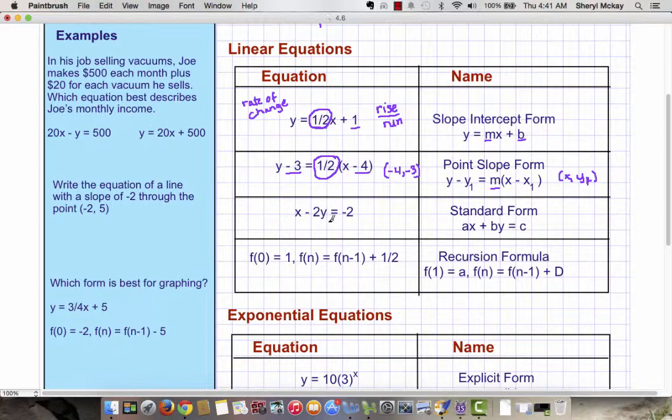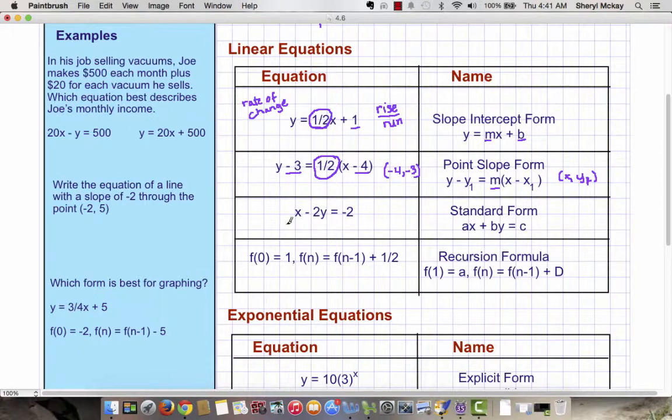Finding the slope, or the rise over the run, or the rate of change in this one is a little bit trickier, because you really need to isolate the y and get the y by itself.